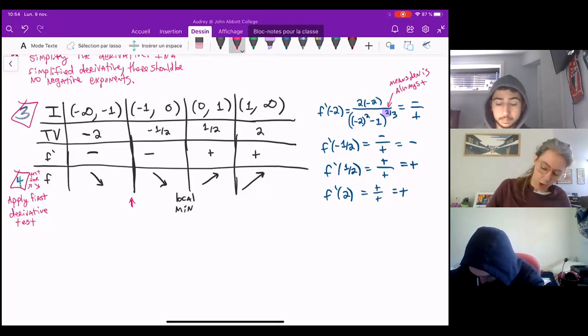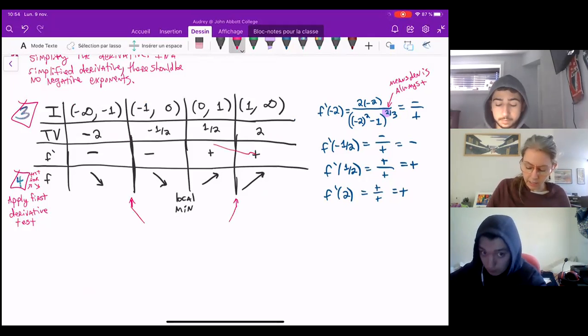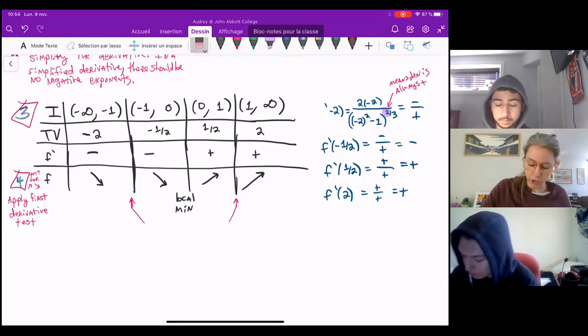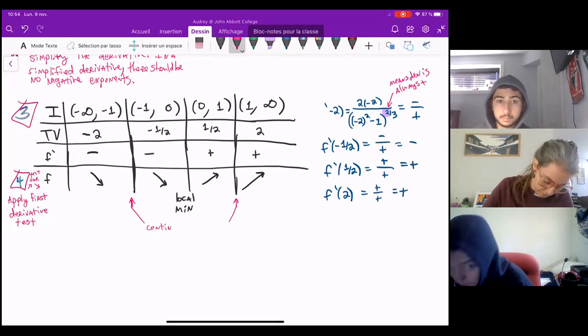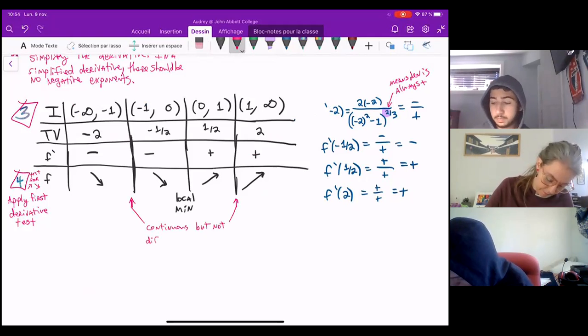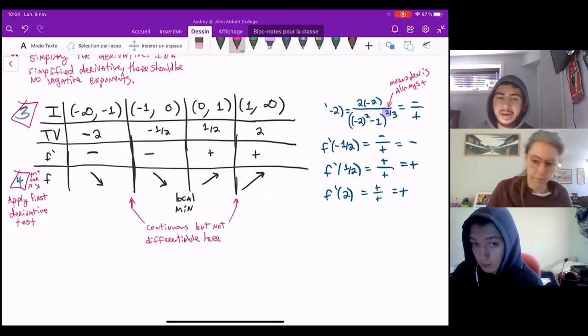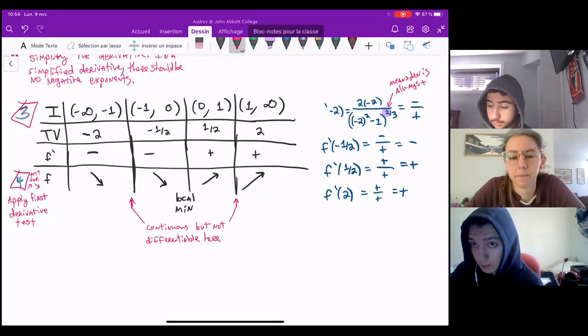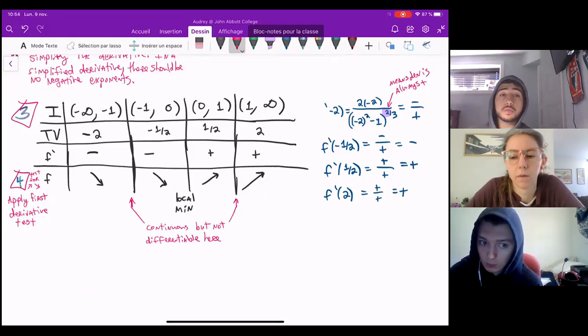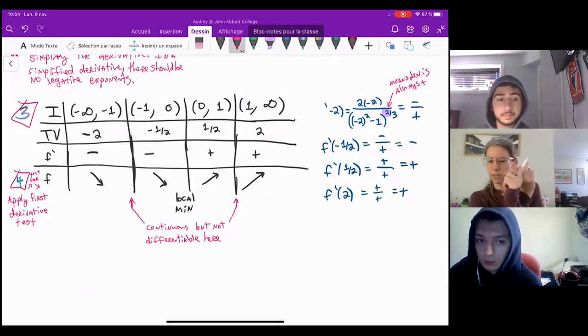Now these are places where it is continuous but not differentiable. So what could those be? What's a possibility for what those could be? It could be a cusp or a corner. What's the other possibility?